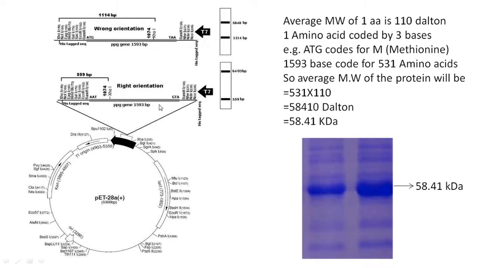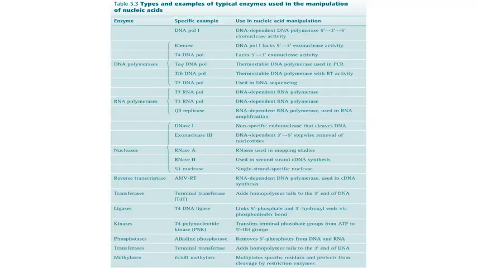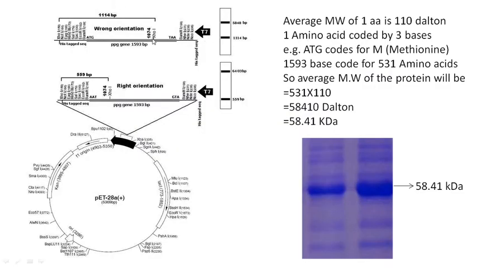So how can you check whether your gene of interest is cloned in the right direction or in the wrong orientation? For that you have to search for a restriction site, here that is XhoI, which can digest this gene of interest.